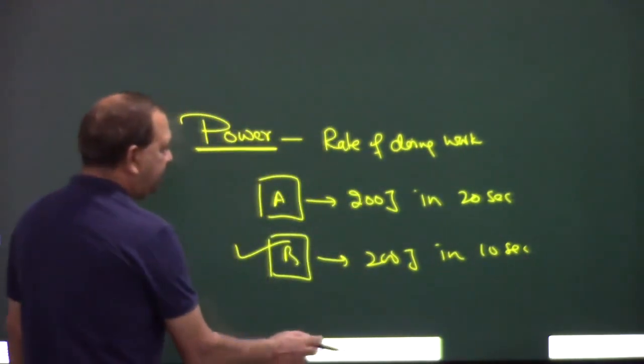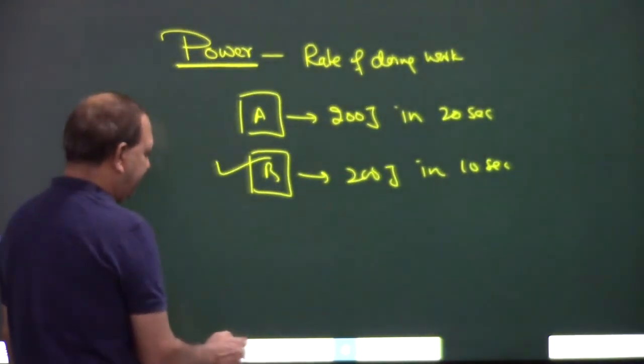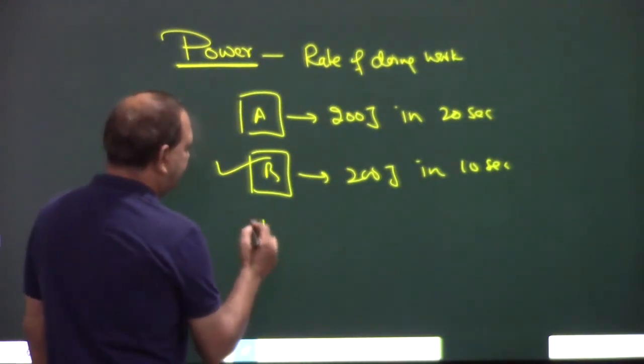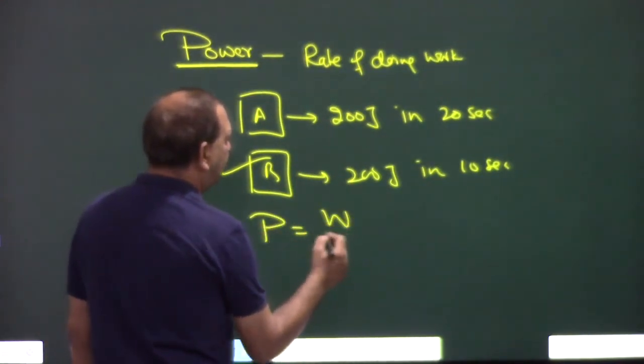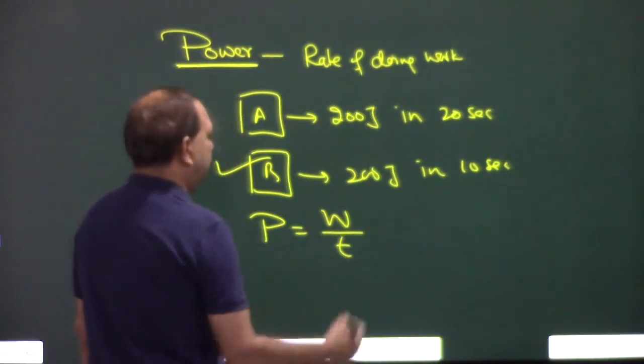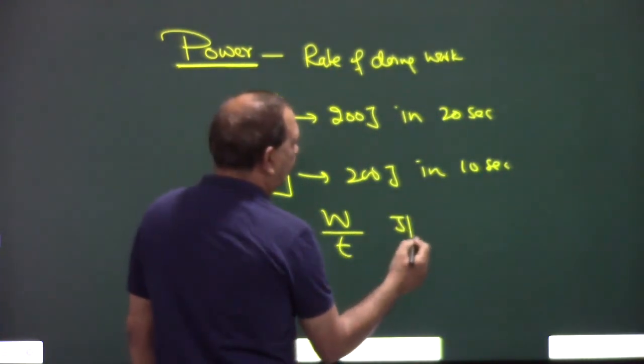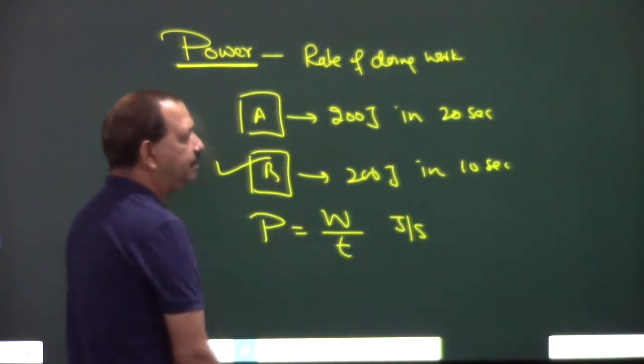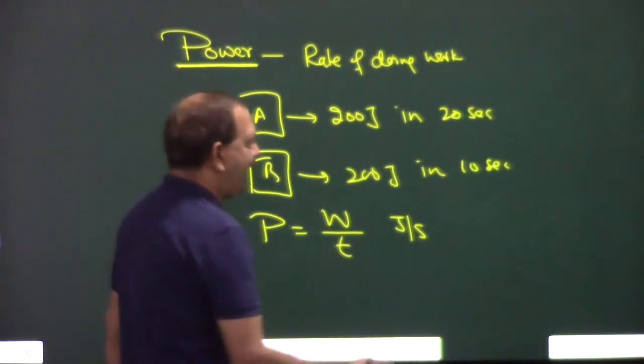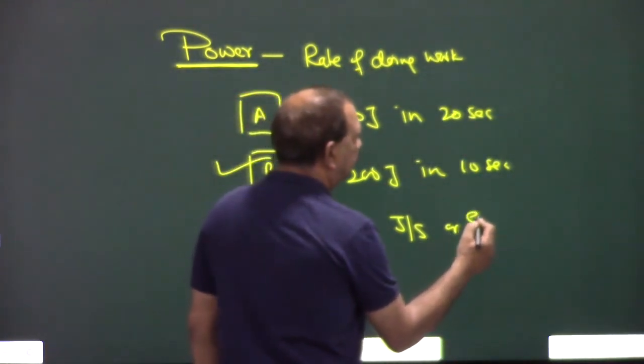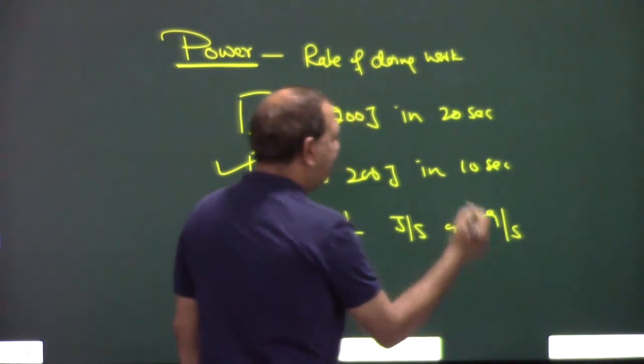So by definition, power is work per unit time. The unit will come as joule per second in MKS or erg per second in CGS.